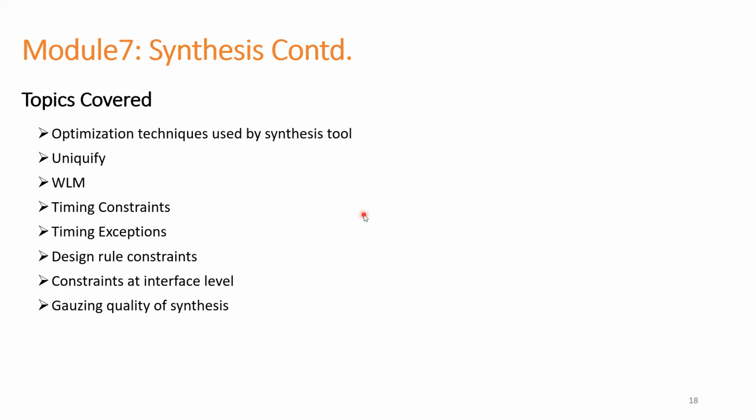Once the synthesis is done, we need to do certain sanity checks and verify the quality of the netlist and the design. We need to check the simulation. So we do gate level simulation post synthesis also, to check if there are any functional failures. That is the initial gate level netlist simulation, we can say.